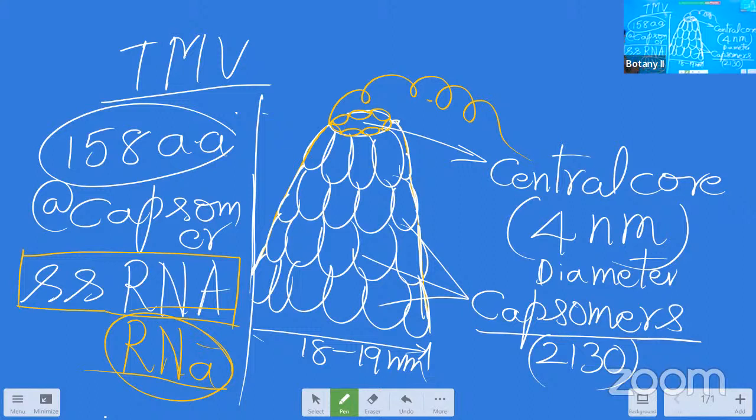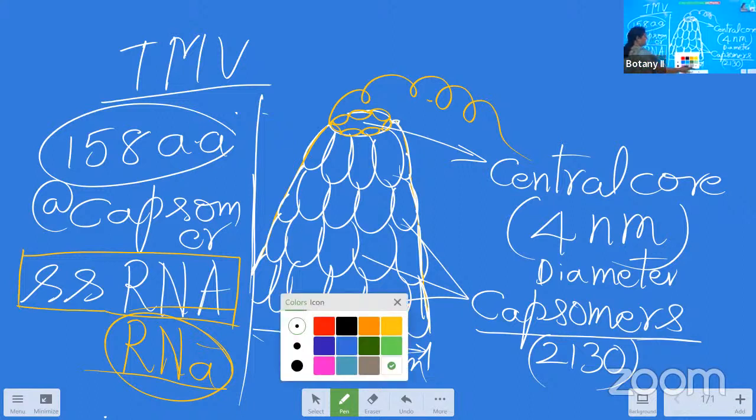No further arguments on this case. Okay. So always the genetic material should be written with capital letters. All three letters should be capital letters. If any one letter goes off, that means if it is a small letter, then it represents the enzyme. It's not the genetic material. So the genetic material in the TMV is a single-stranded RNA.